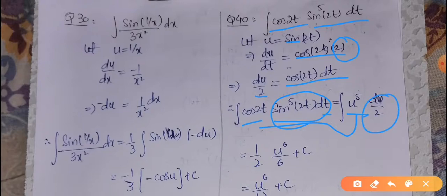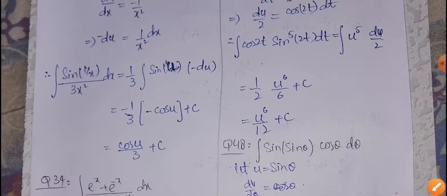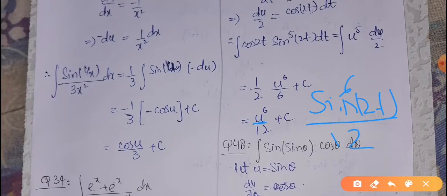So solving this, we take 1 by 2 out of the integral. U power 5 will be equal to u power 6 by 6 plus some constant of integration, and inserting the value of u, we get the final answer. So this is going to be sine 2t raised to the power 6 over 12 plus some constant of integration.